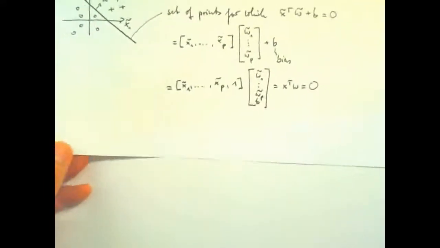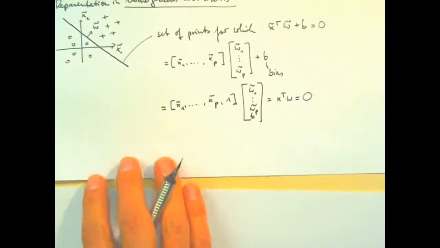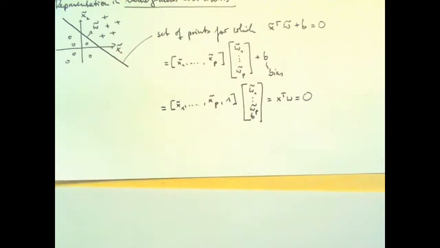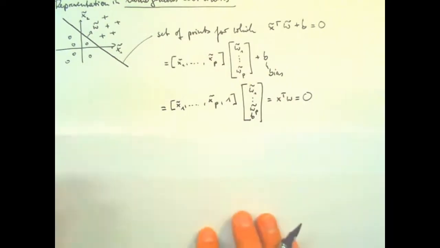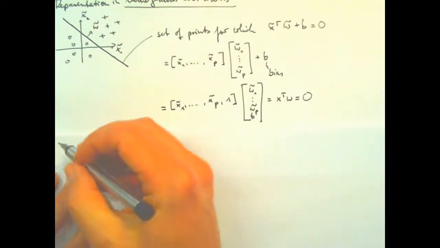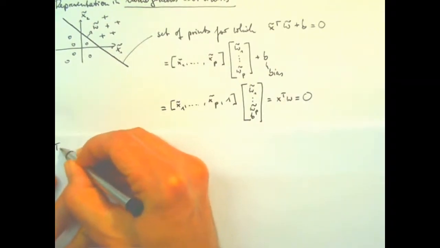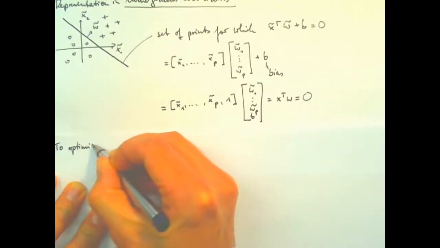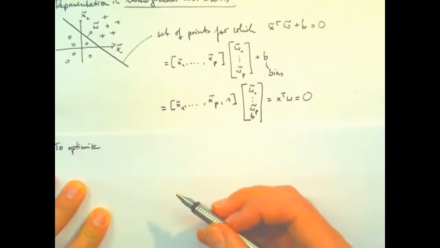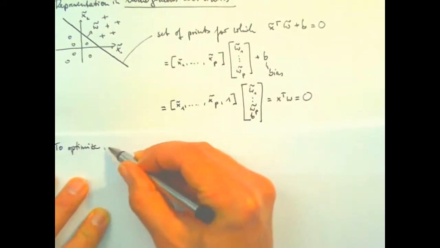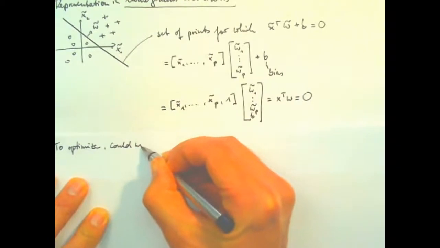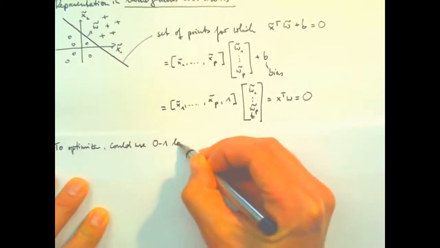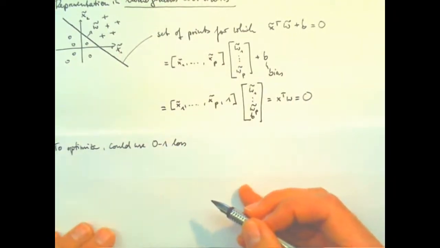Okay, now the most natural loss function perhaps for classification is simply the 0-1 loss. So to optimize the perceptron, we could use the 0-1 loss function.